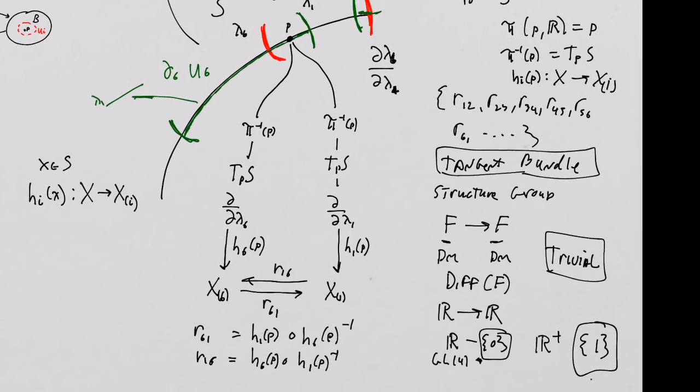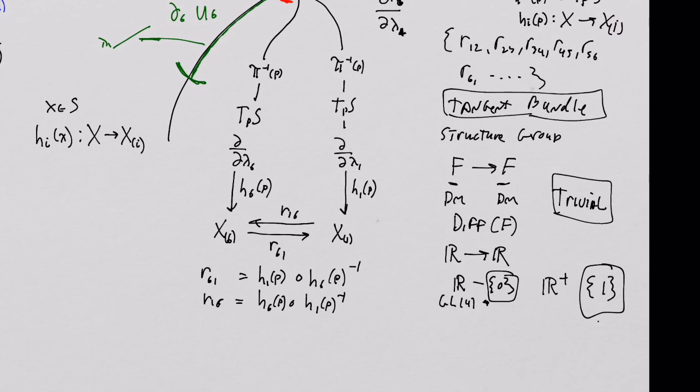I could have set it up so that H1 of X through H5 of X do exactly that. Strip off the component. But H6 of X was different. It takes X and it gives you the opposite of the component. And that is a different group, right?